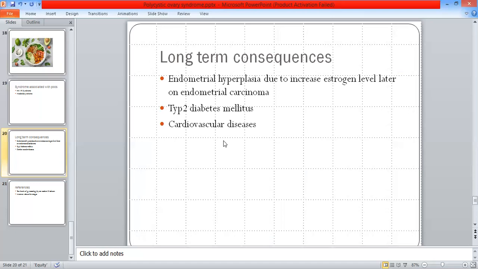And I have already told you that among married ladies, 75% of patients present with infertility, which is very depressing.